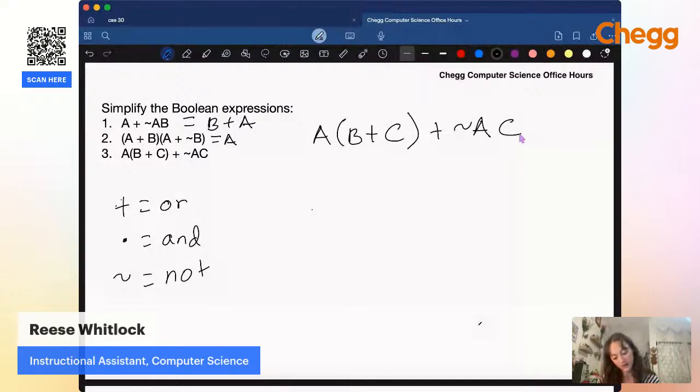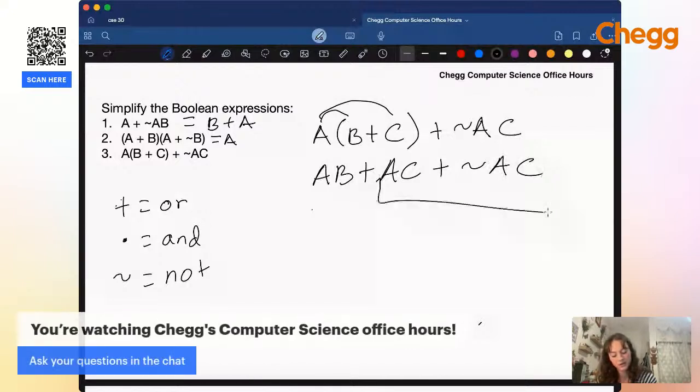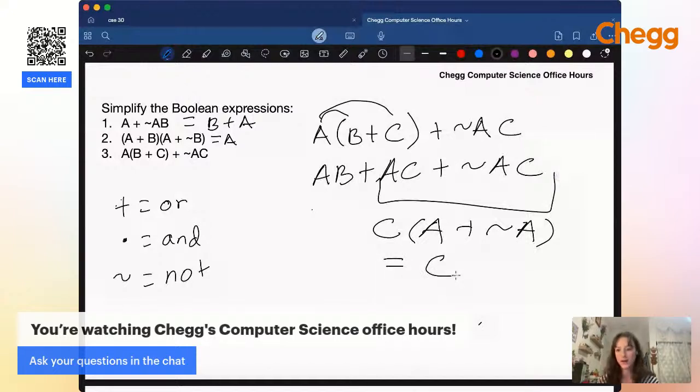Okay, so back to the problem at hand. If I distribute A here, that will give us AB or AC or not A and C. So this we can simplify to C and (A or not A), which we can just say is C because A or not A will always be true.